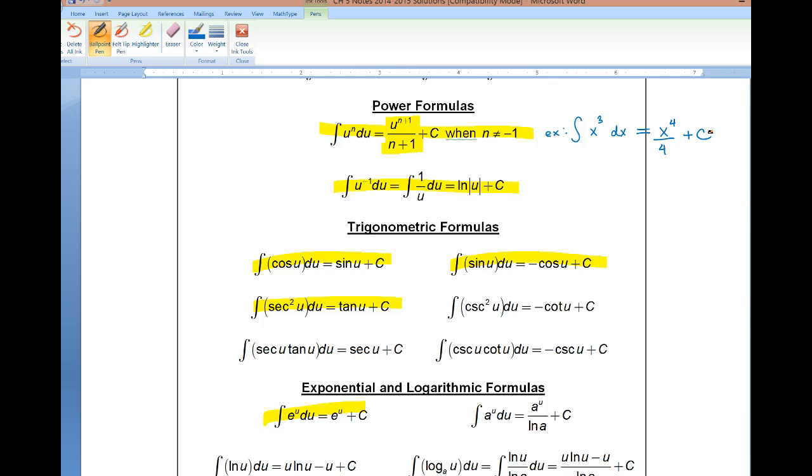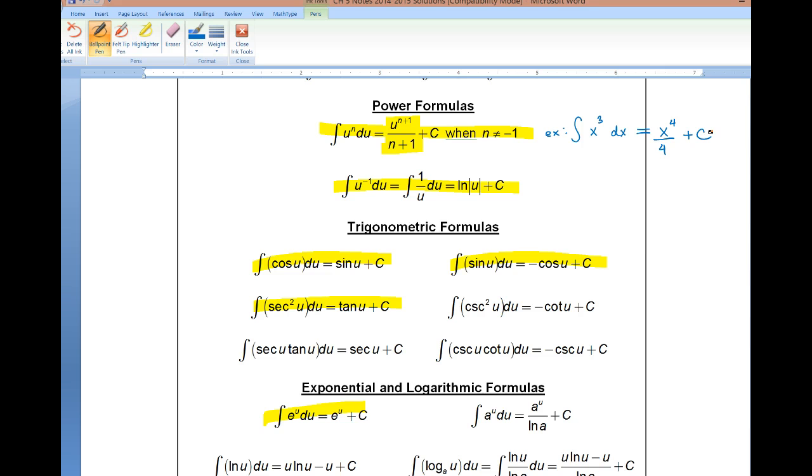Right, so we're working backwards. Whenever you have something to a power, you increase that power by 1 and you divide by that new power. So let's say you have x to the 8th. It would become x to the 9th over 9.